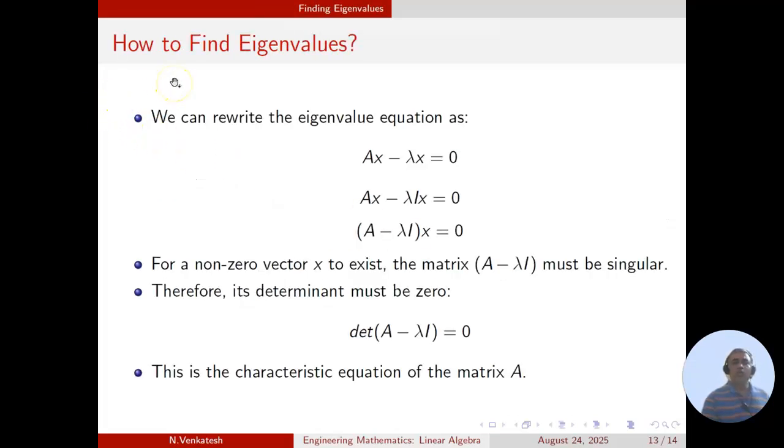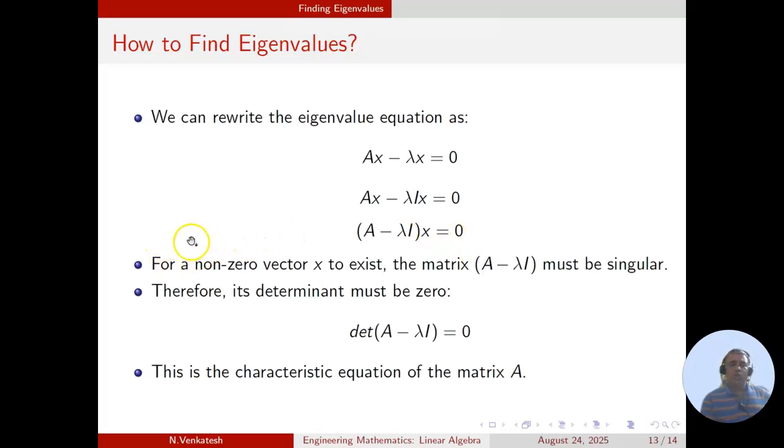Now, how to find the eigenvalues? You have the basic equation Ax equal to lambda x. Now we can write Ax minus lambda x equal to 0, and you get (A minus lambda I) times x equal to 0. If you observe carefully, if you have some value for lambda, then it is a homogeneous system of linear equations.